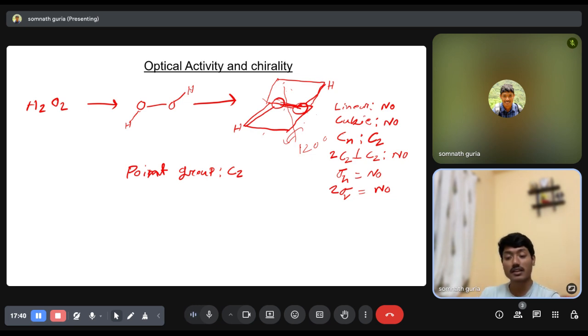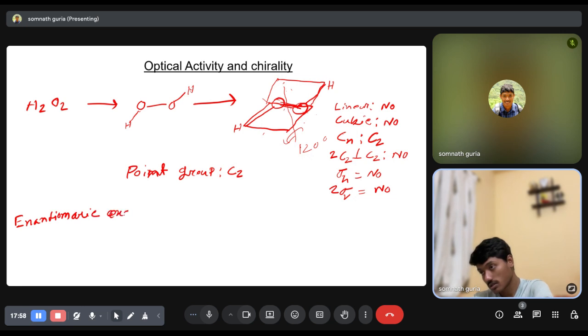So to make an enantiomeric excess, how can we make the enantiomeric excess? We have to synthesize the molecule in a chiral environment.